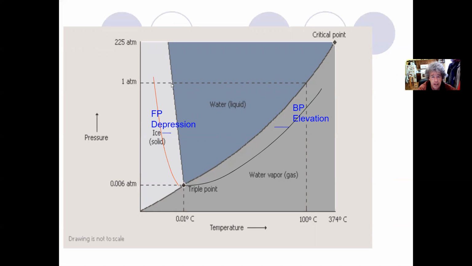Freezing point, again, is reversed. Instead of freezing at this temperature, it shifts over to here, and it will be at a colder temperature that it will freeze. So you see this displacement of these two lines. The right line, the boiling point, will require higher temperatures to boil. The freezing point will be shifted to the left. It will require lower temperatures to freeze. Okay, so that was that.